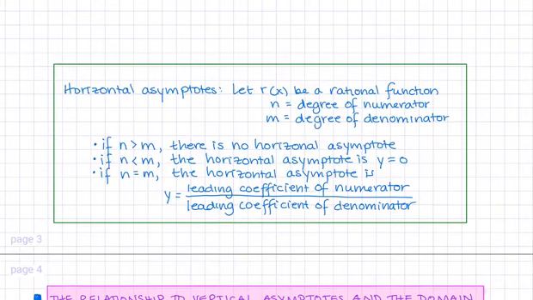If it's a bigger degree on the bottom, the horizontal asymptote's at y equals 0. And if the degree is the same, then it's just y equals leading coefficient over leading coefficient. And you literally can take that shortcut. You don't have to show any work to get the horizontal asymptote. But now we know why it works.